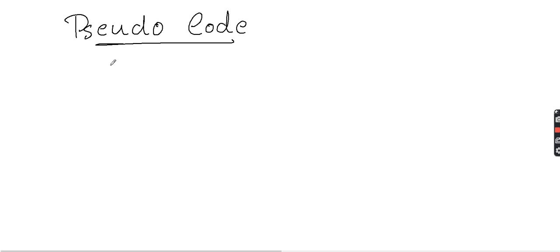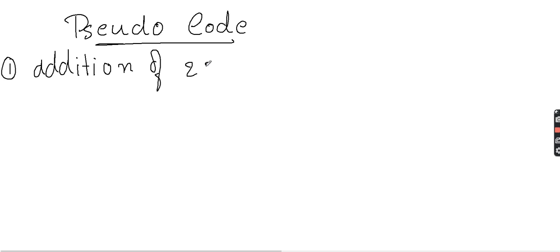For example, I'm taking the addition of two numbers itself. For that I'll start. For starting I can write start, or I can also write begin. After starting or beginning, what should I do? I need two variables. I will take them as input.